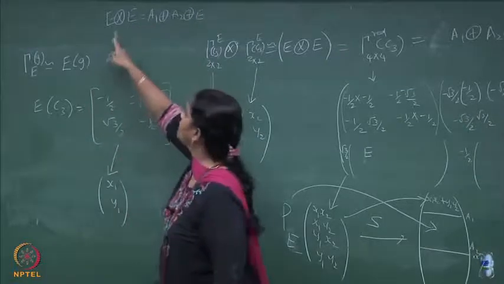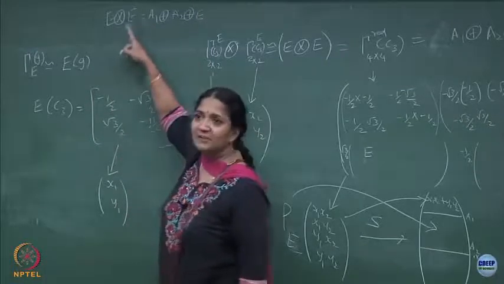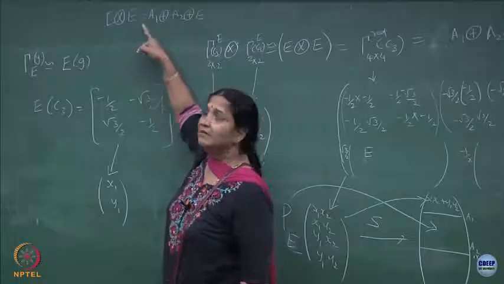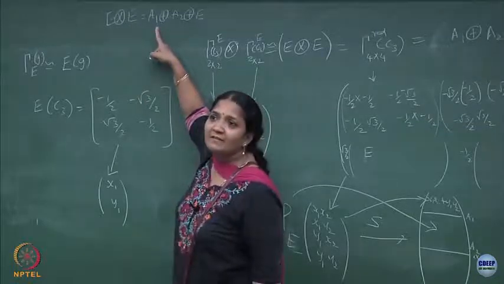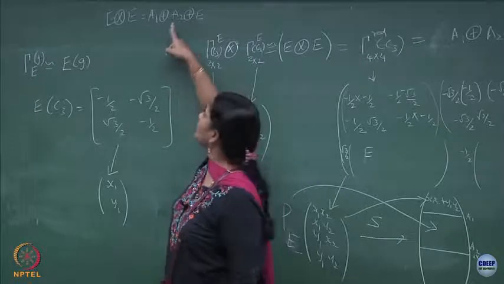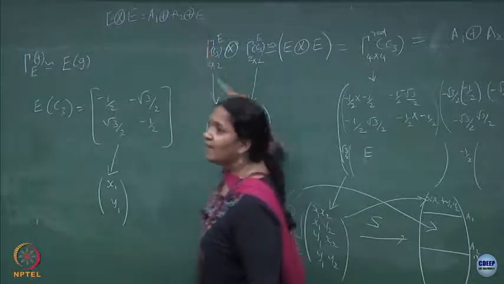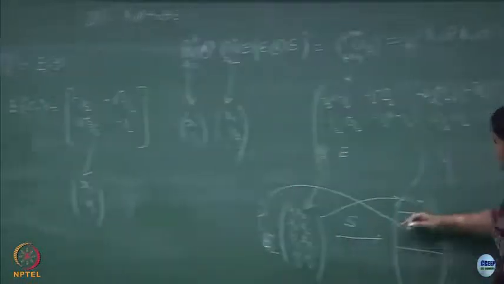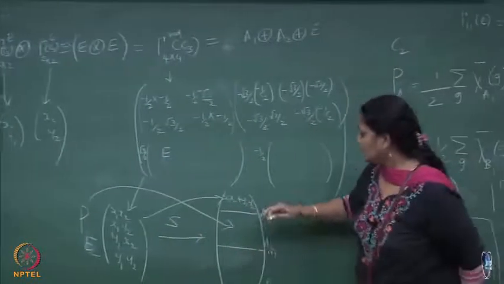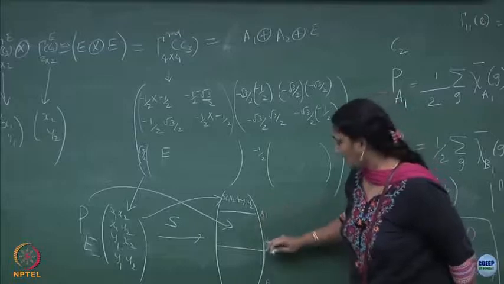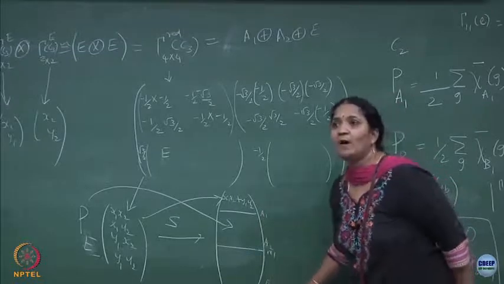Okay. So, this is what? This is 2 dimension, this is 2 dimension, it is 4 dimension. This one is 1 dimension, this one is 1 dimension, this is 2 dimension. It breaks up into irreducible subspaces, which is 1 cross 1, 1 cross 1 and a 2 cross 1.